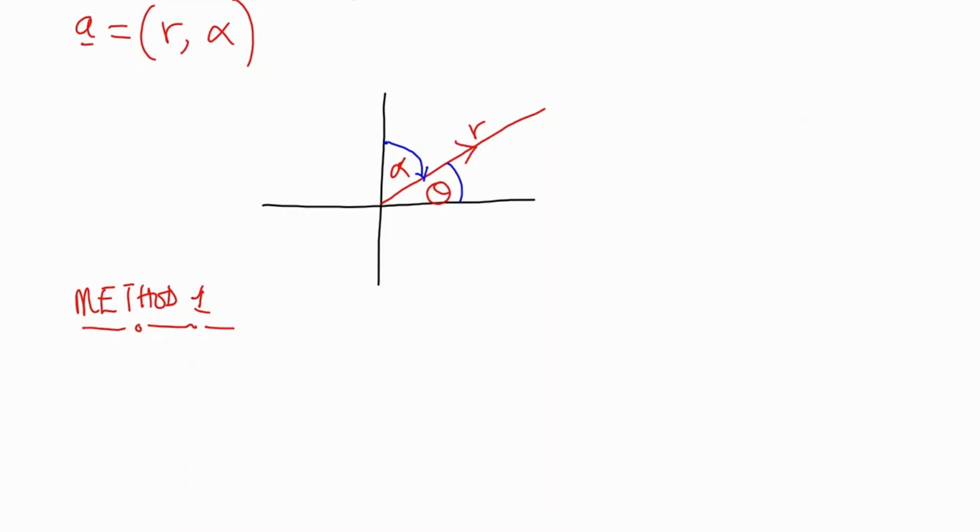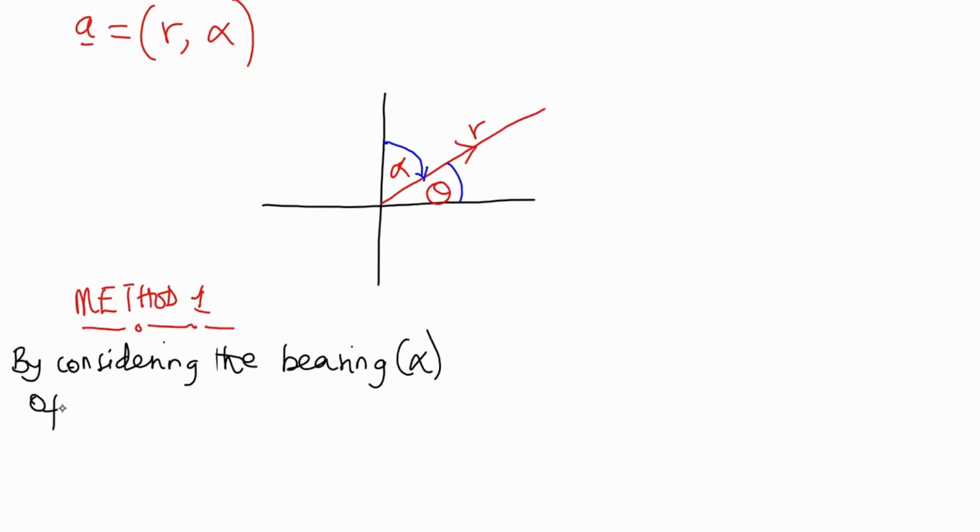So we write here by considering the bearing of the vector. So we are saying that the bearing is what we have here as alpha. So the bearing of the vector, that is the bearing of the vector in the magnitude bearing form.